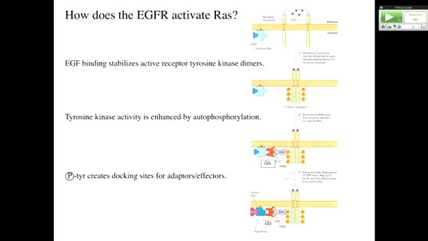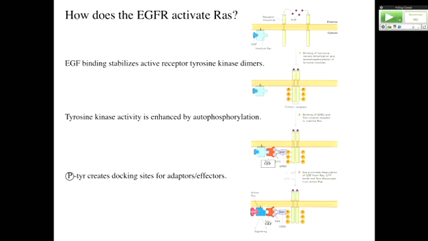Those phosphorylations play a key role in the way that this receptor then mediates the activation of RAS and the activation of other effector pathways. Each autophosphorylation site in the receptor is a site of phosphotyrosine to which specific effector proteins can dock, can bind.